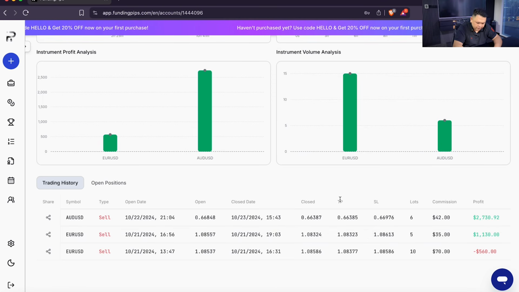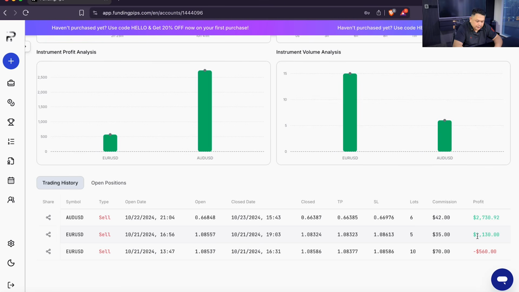It also shows me if I've had any take profits or stop losses in place, and the number of lots I've opened. You can see right here the first trade that I've made was a loss, and then I just made it up with a profit of 1,100 the following trade.